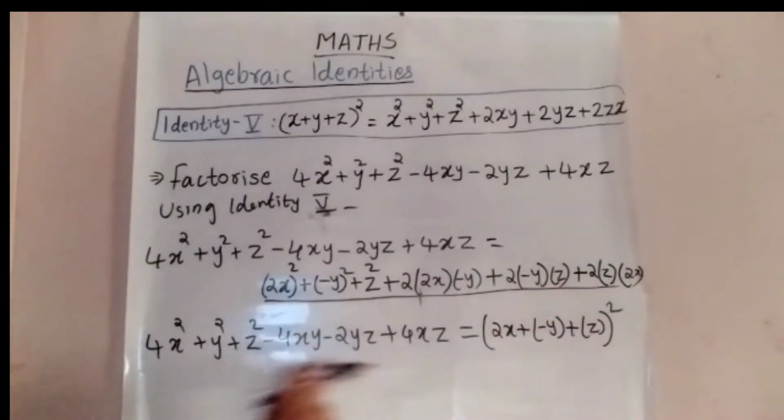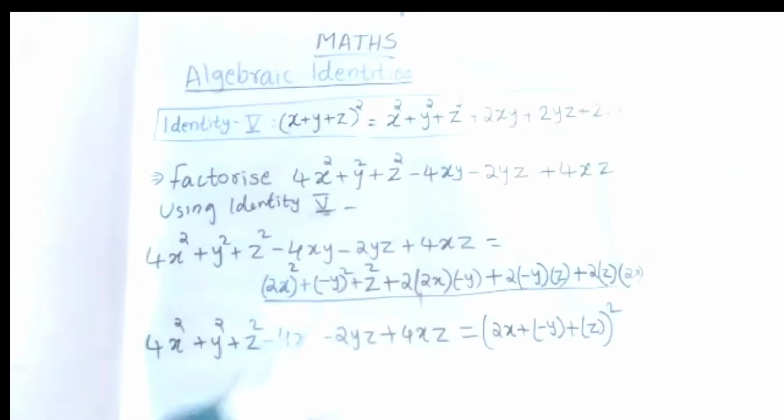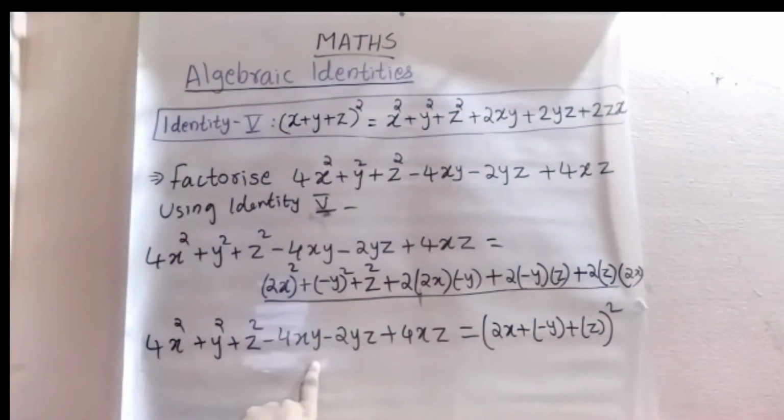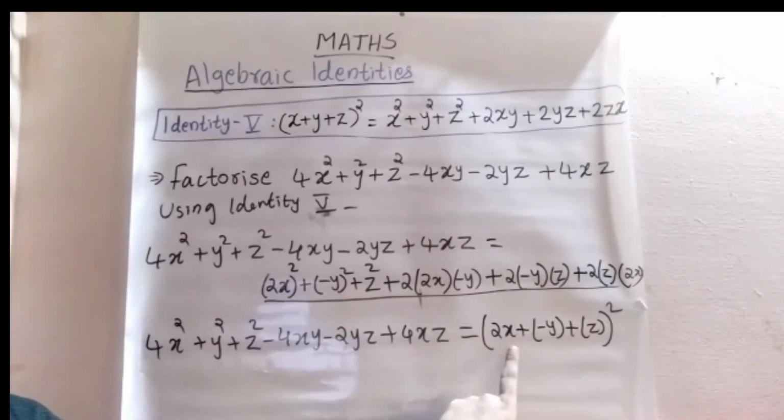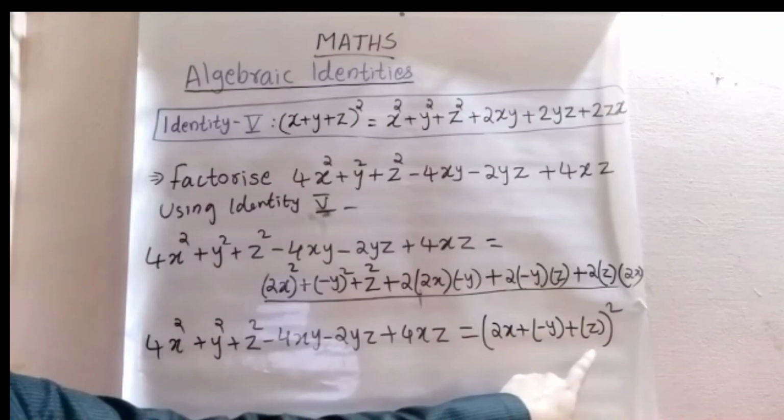So our question was this one, and we got that it is equal to (2x plus minus y plus z) whole square.